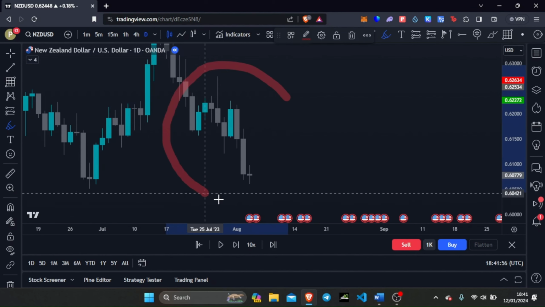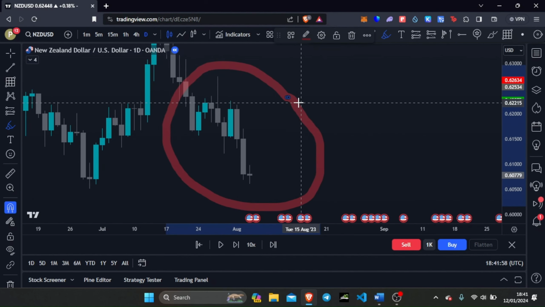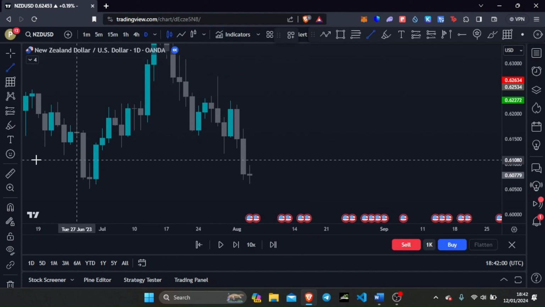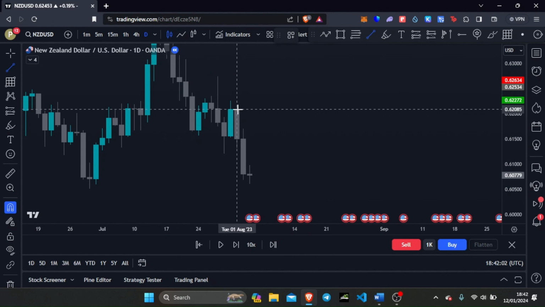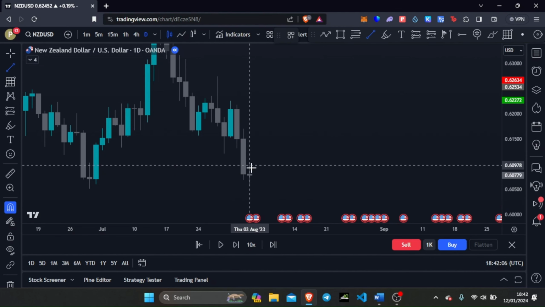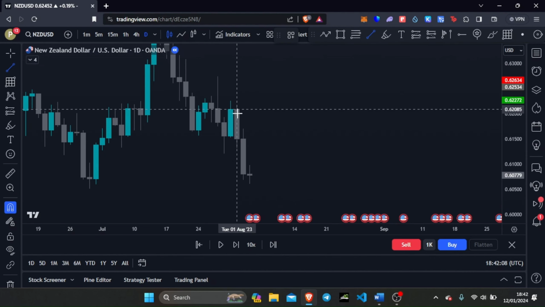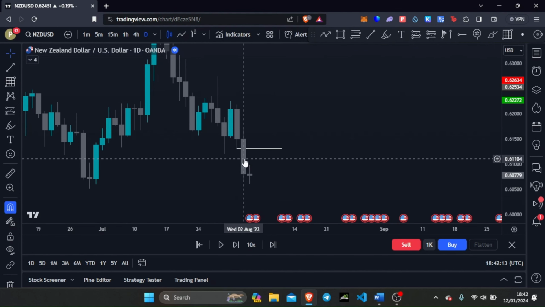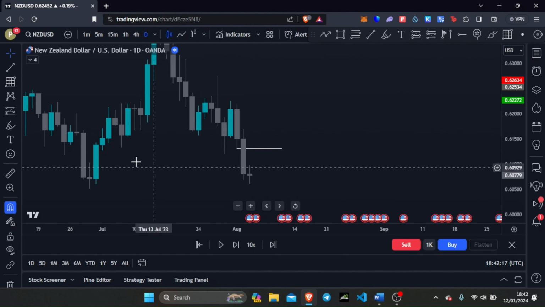Right guys, so if we take a look at this piece of price action right here, we can now start to identify this as our first candle, our second candle, and our third candle. So the first candle pushed down and it was able to get to here. The second candle tried to push up, but then we had this expansion out.